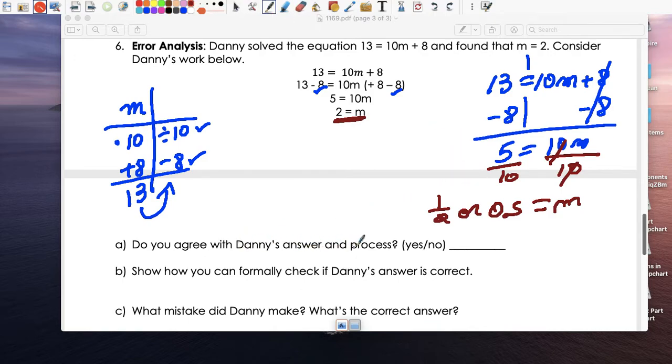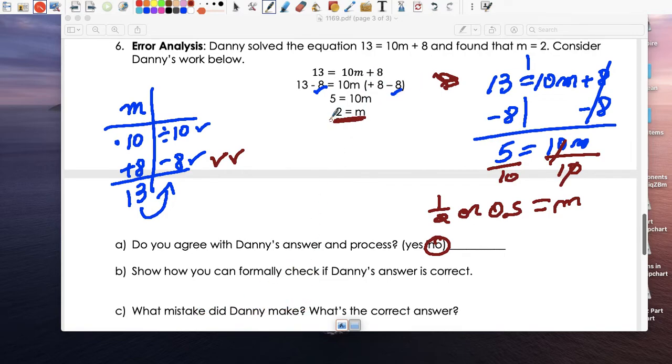So do you agree with Danny's answer? No. Right? She was okay up to the first step, up to here. She didn't divide both sides by 10. I don't know what she divided both sides by to get 2. So that's the part where she made the mistake. So how you can for me check if Danny's answer is correct. Well, here's how I know she's incorrect, because I did it myself. What mistake did Danny make?